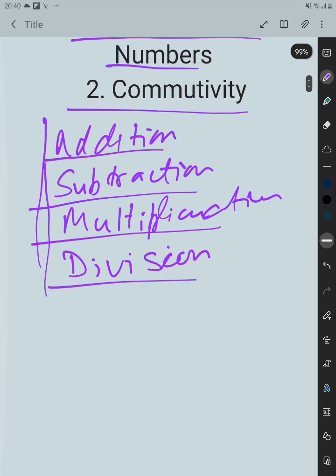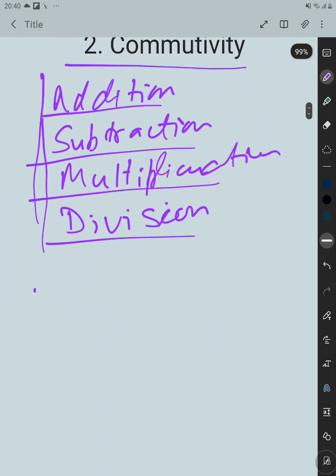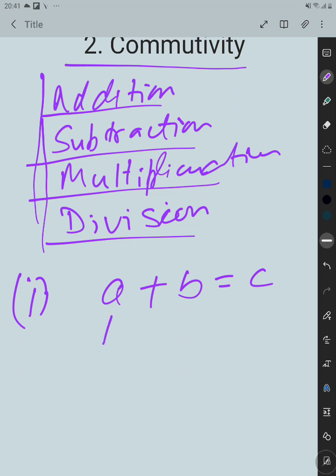So we'll start with addition. For example, there are two numbers, a plus b, and the result is c. Here a is a whole number, b is a whole number, and we get the result c as a whole number.